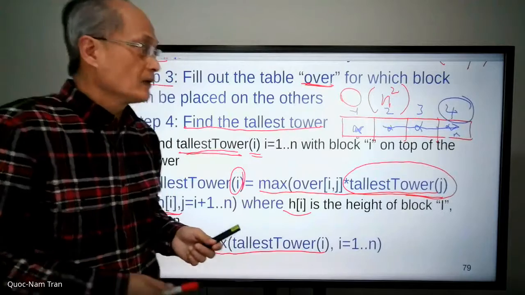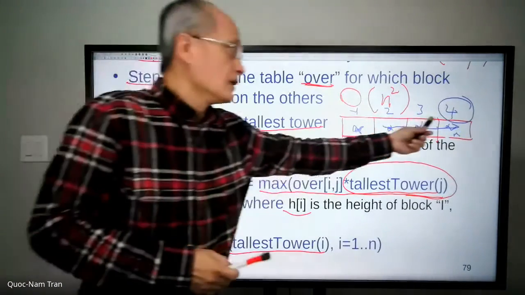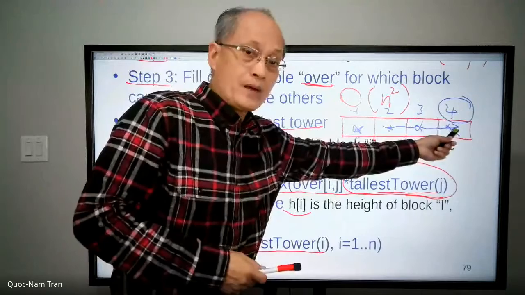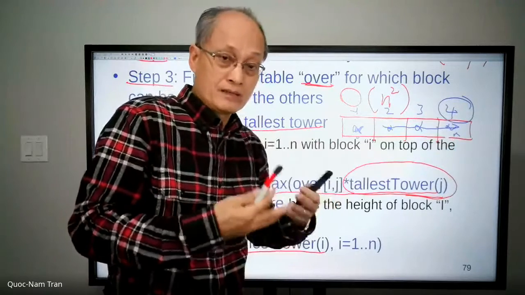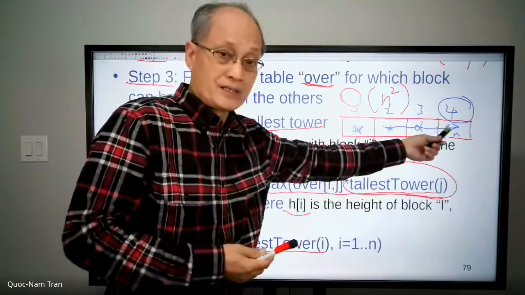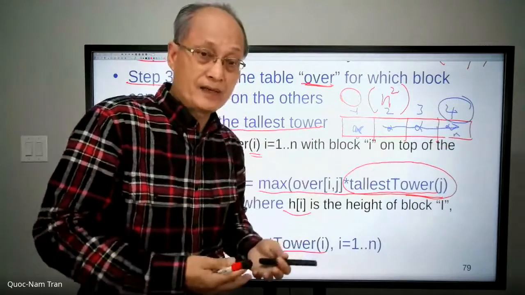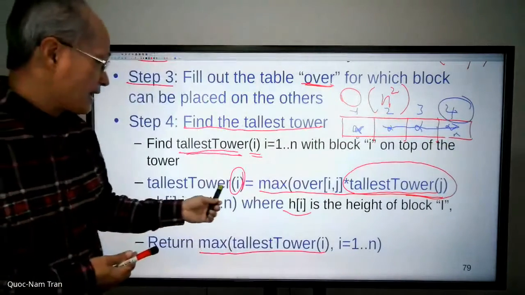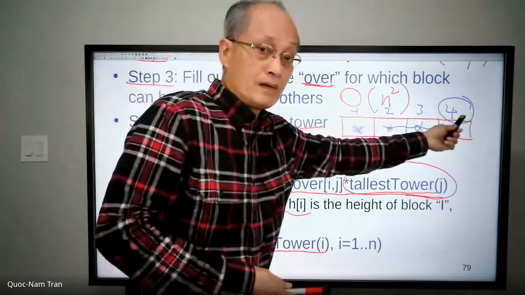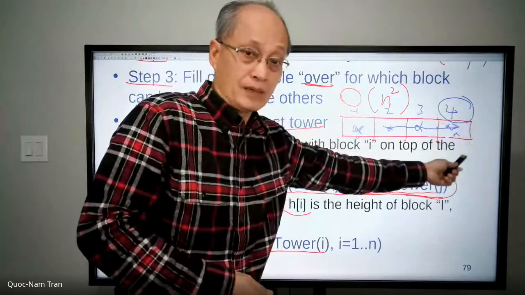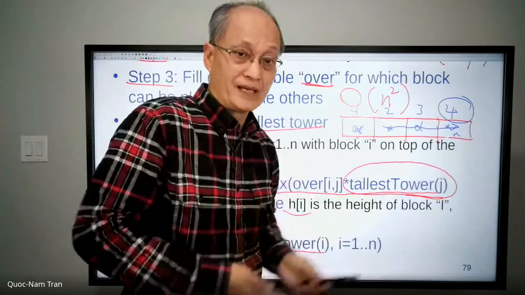So that said, when we reach the block with the biggest base, then the return value of tallest tower of 4 would be the height of that block, meaning the Z value.